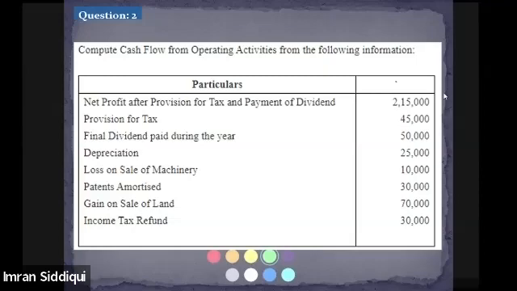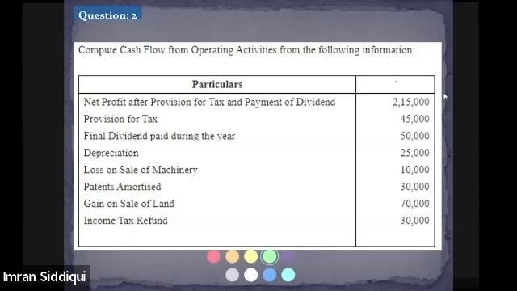Sir, after cash, like which one, operating profit? We need to subtract it after adjusting for the increase or decrease in the current asset and current liability. We basically find out the operating profit before working capital changes, right?